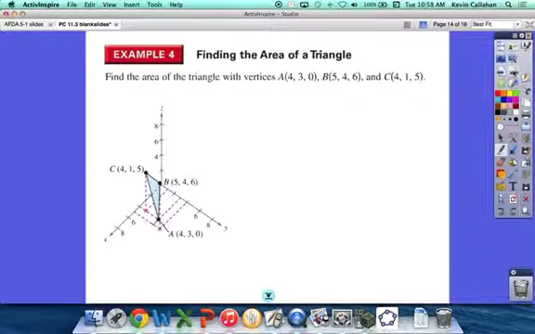So did you see anywhere in those properties that said, here's how you find the area of a triangle? So how are we supposed to do that? What is it that we can find the area of that we just did? A parallelogram, right?